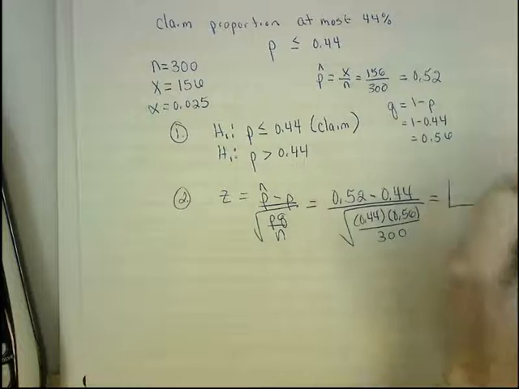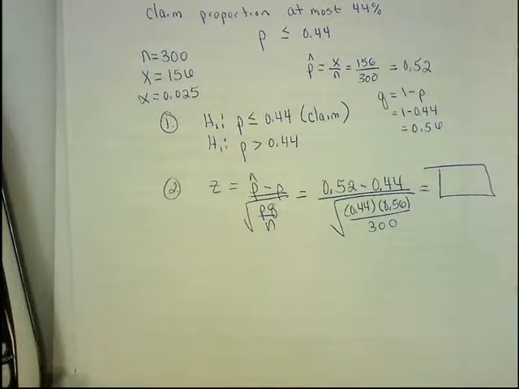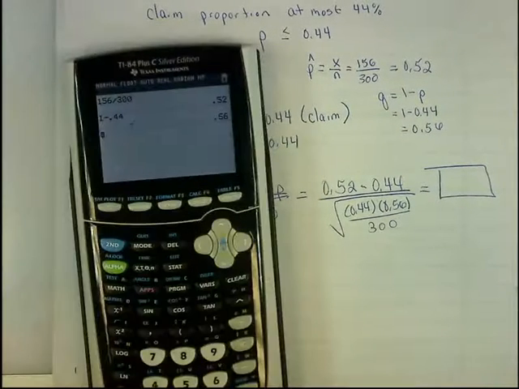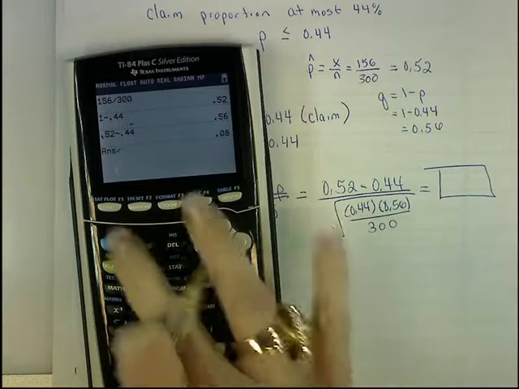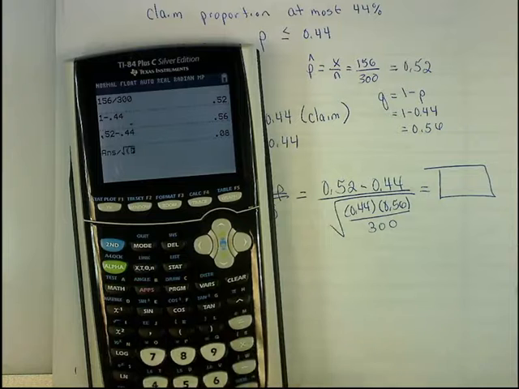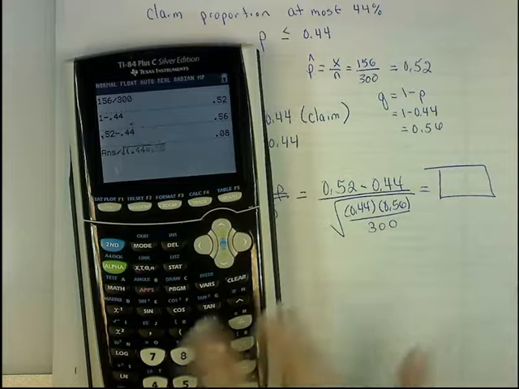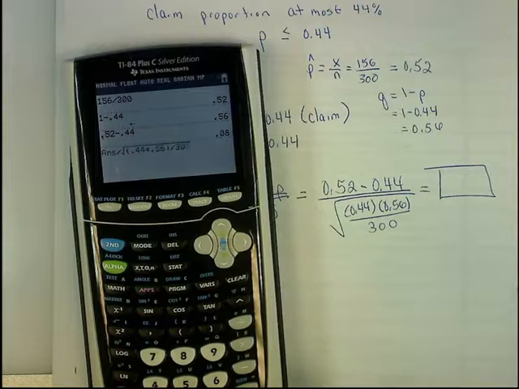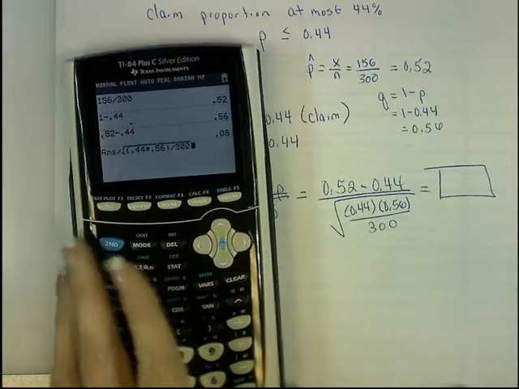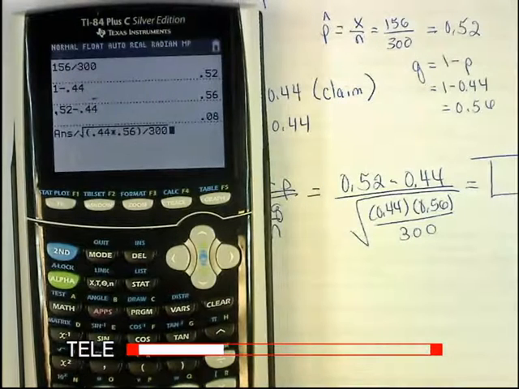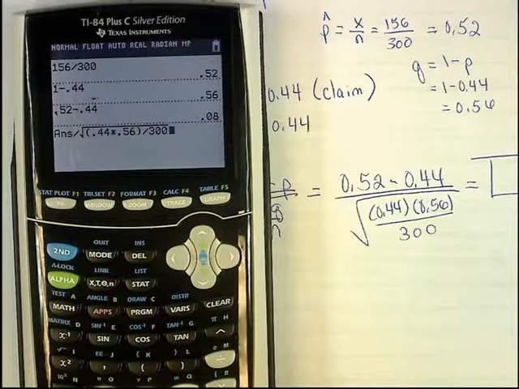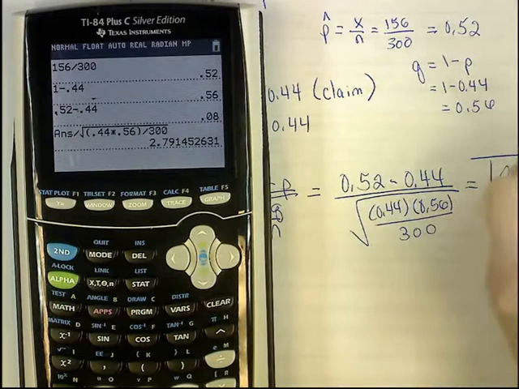You'll round to 2 places accurately because it's a type of z-score. 0.52 minus 0.44 divided by square root, parentheses, 0.44 times 0.56, close parentheses, divided by 300, and arrow out from underneath the radical. Press enter. 2.79 is your test statistic.